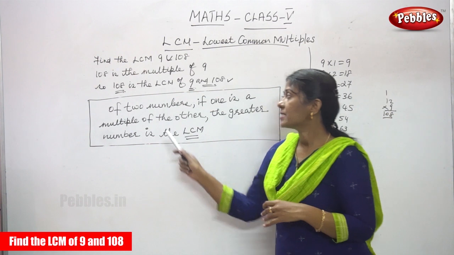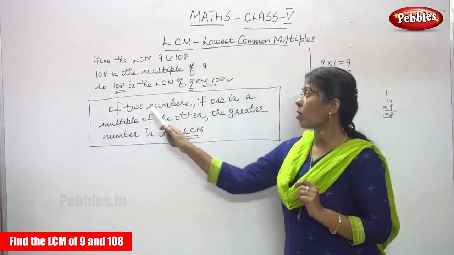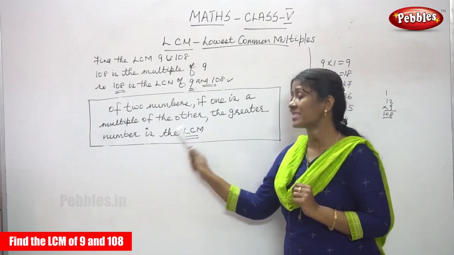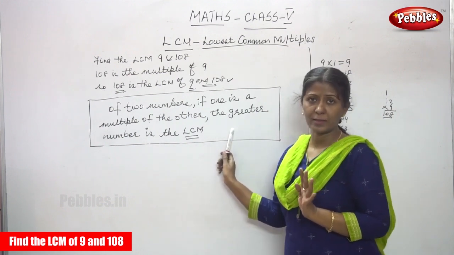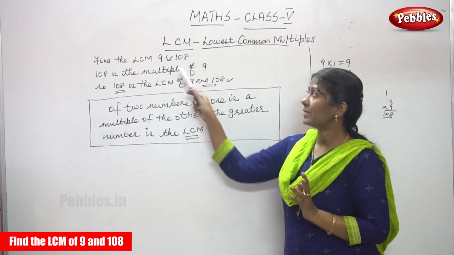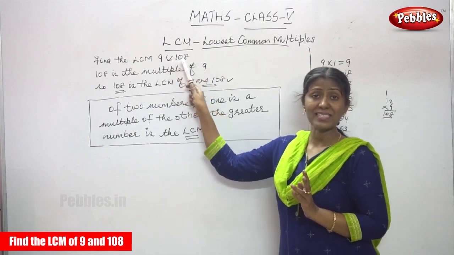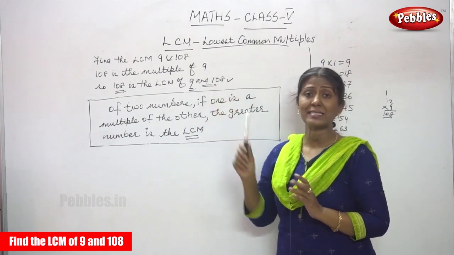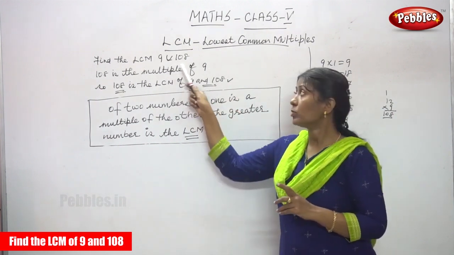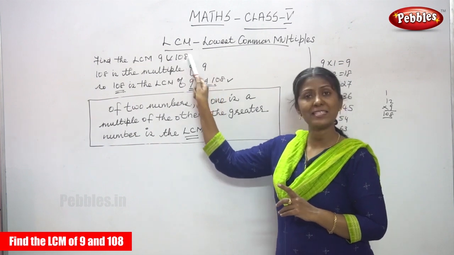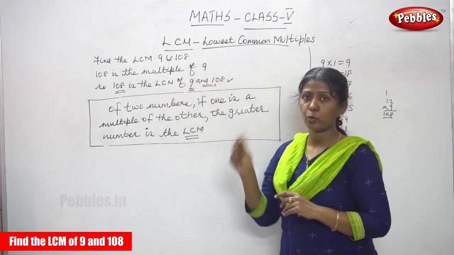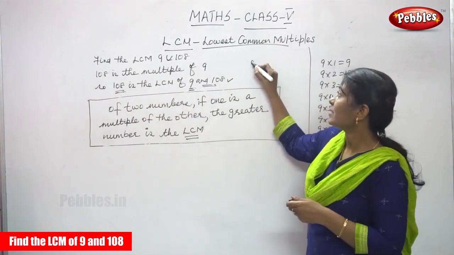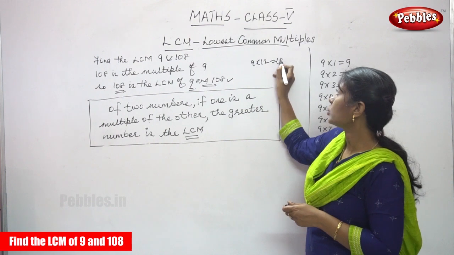Okay students, don't forget this rule of two numbers. If one is a multiple of the other, the greater number is the LCM. I have explained already. The given numbers are 9 and 108. 108 is a multiple of 9 because 9 into 12 you can get 108.